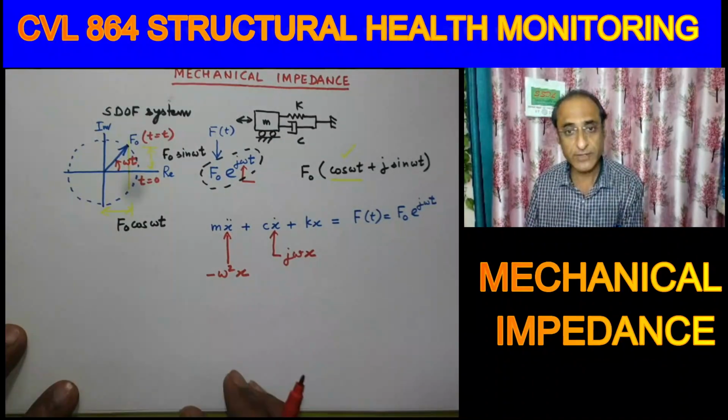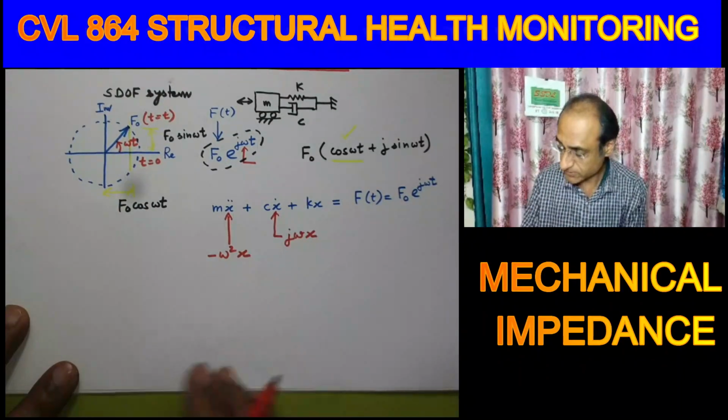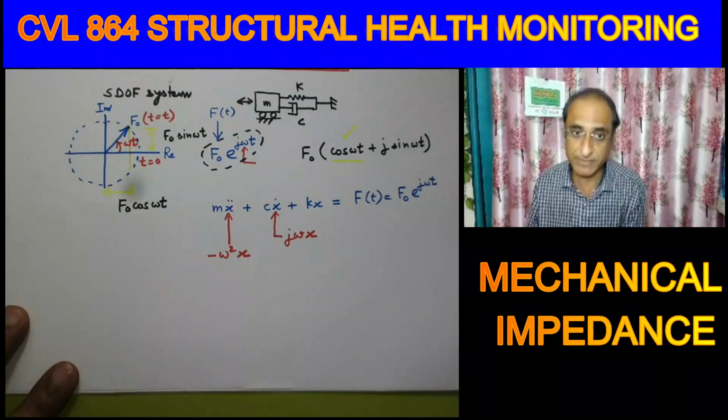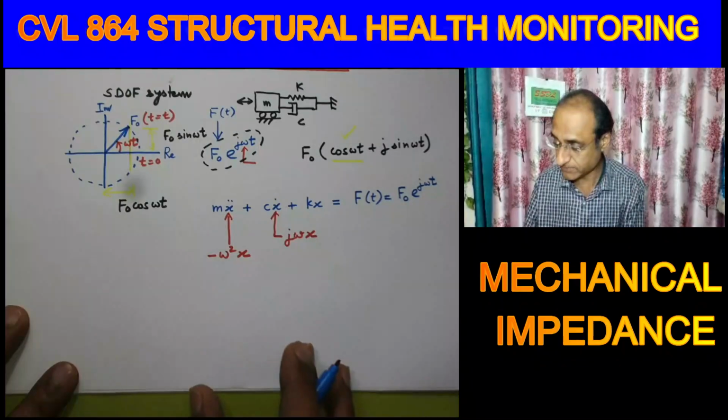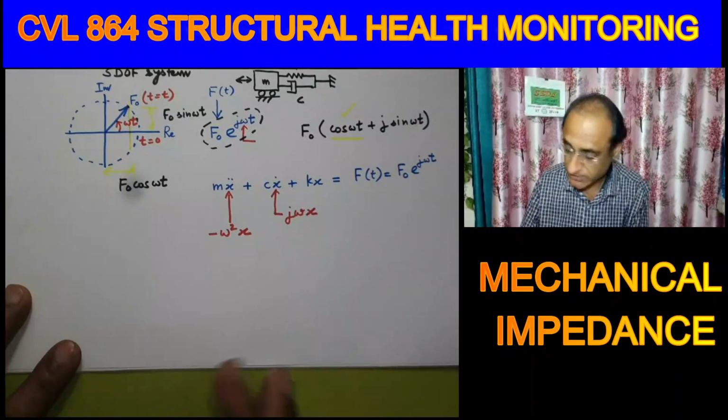Now we can write the equation in simplified form, everything in terms of the displacement, the acceleration term and the velocity term converted into displacement, and then we get a compact form.